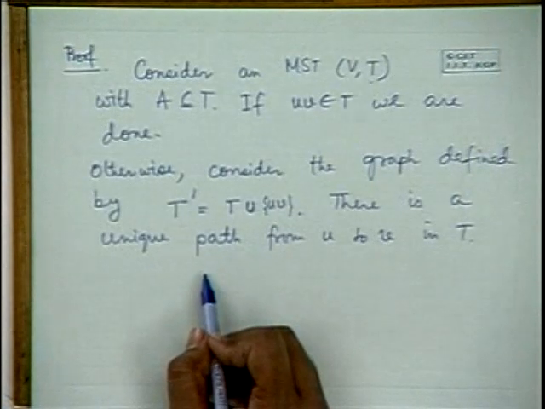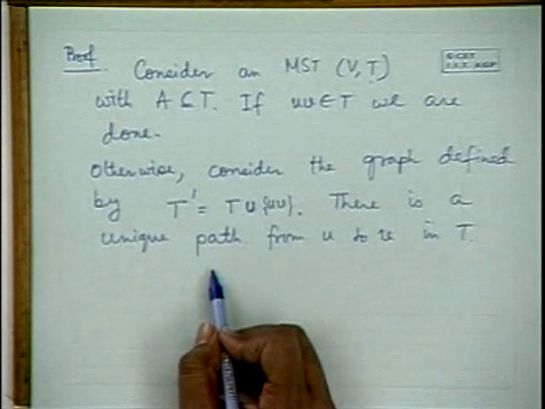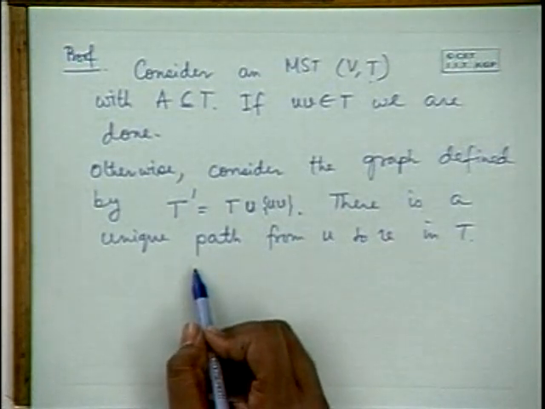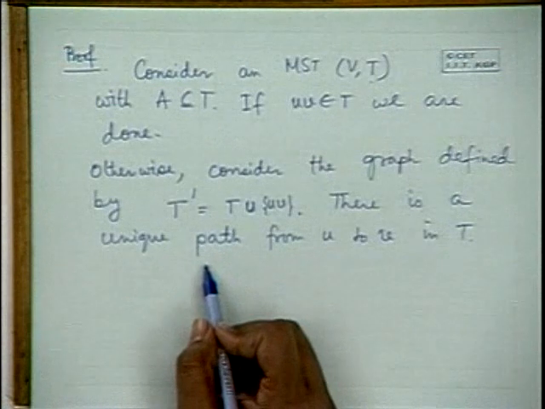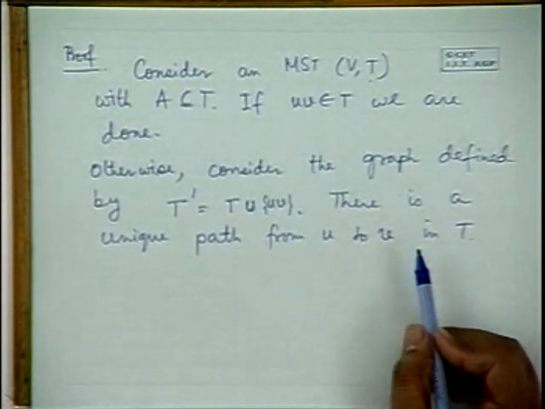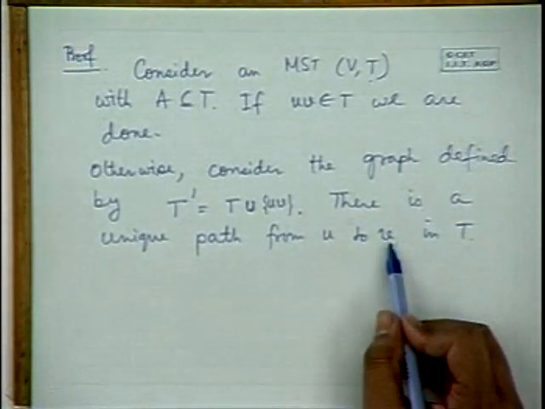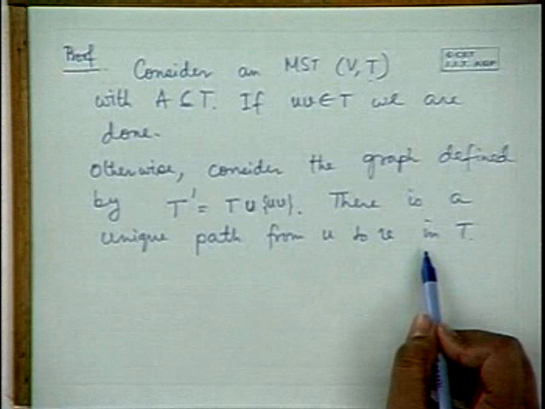That is true for any tree. Between any two vertices in a tree there is a unique path. Always it is true. So you have taken the minimum spanning tree T, and you have taken the vertices U and V. There must be a unique path between them.